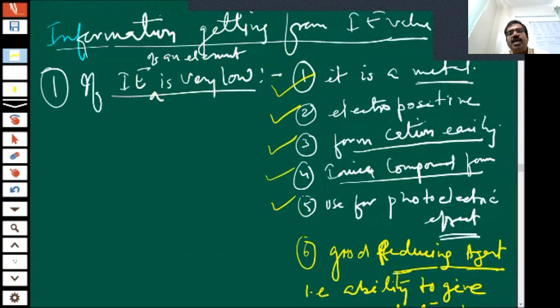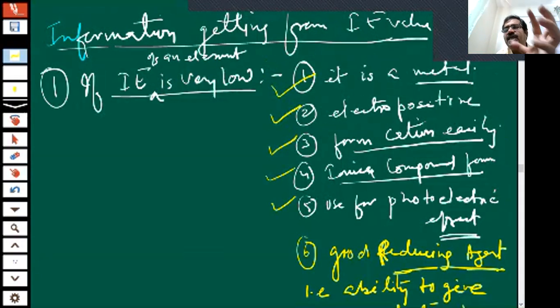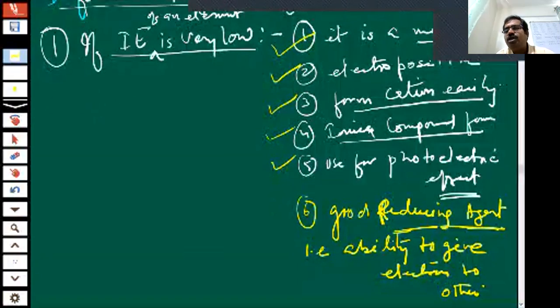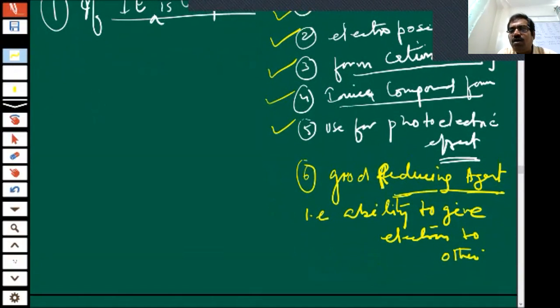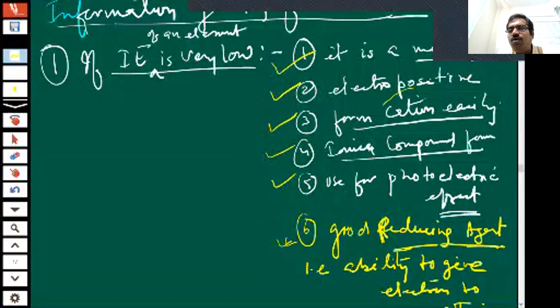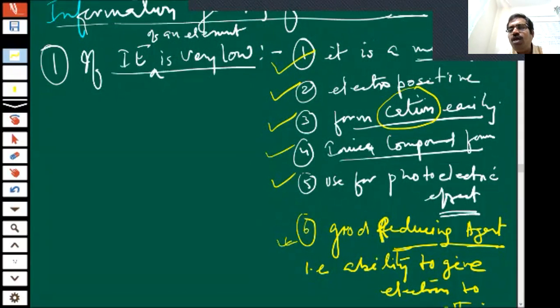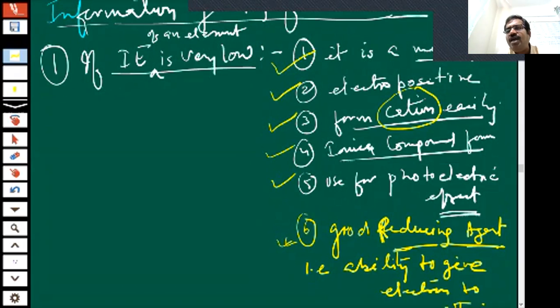So IE is less, means it can lose electron in very less energy. So it can lose electron easily. Those who can lose electron, only then it can form cation. So if it loses electron, somebody will gain. And those who will gain electron, means reduction has been done.